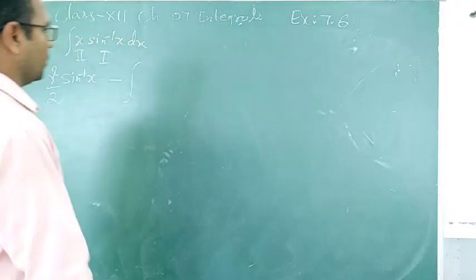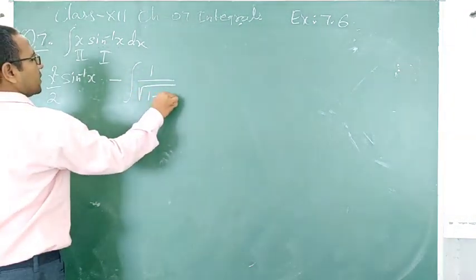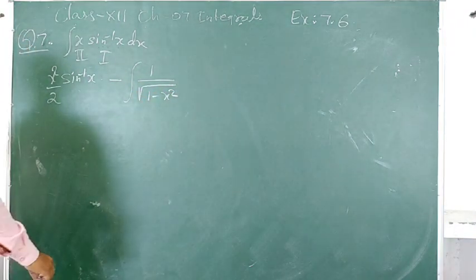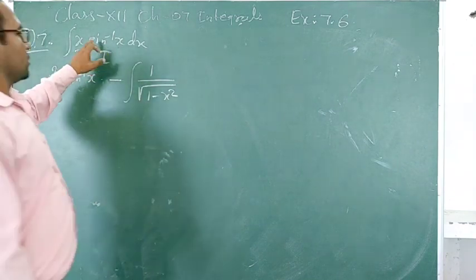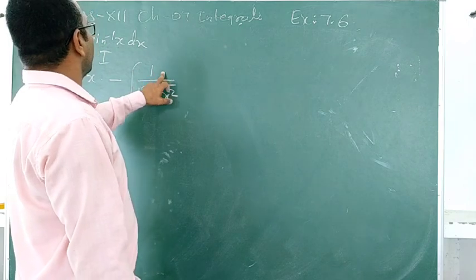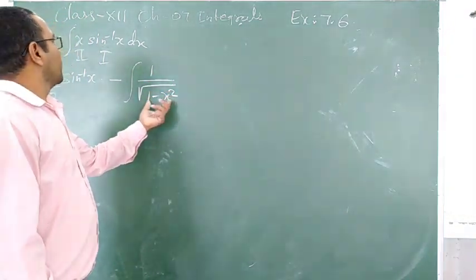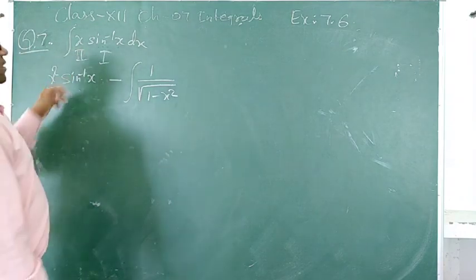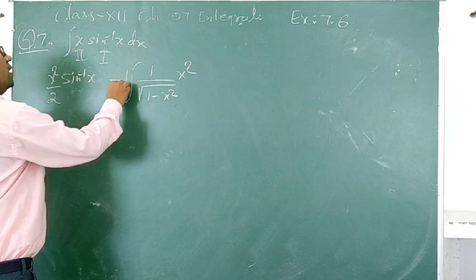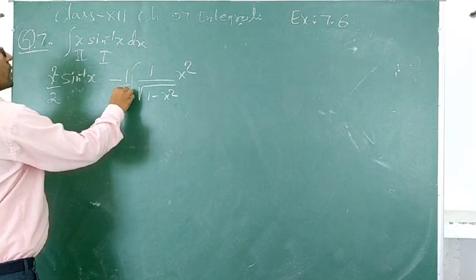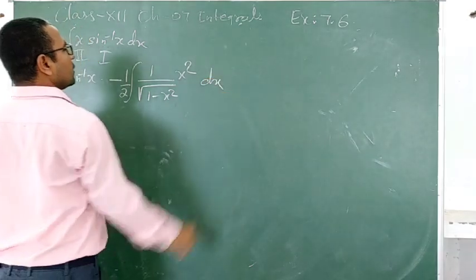How much do you get here? 1 upon root 1 minus x square. You will get this one. So sin inverse x differentiation is 1 upon root 1 minus x square, and the integral of the second function is x square by 2. So keep it here x square divided by 2, and dx.